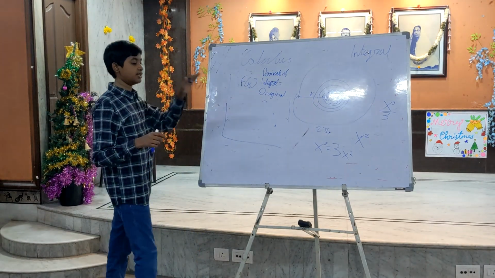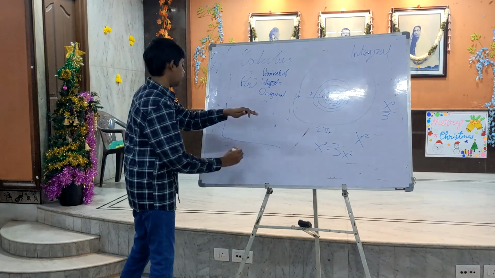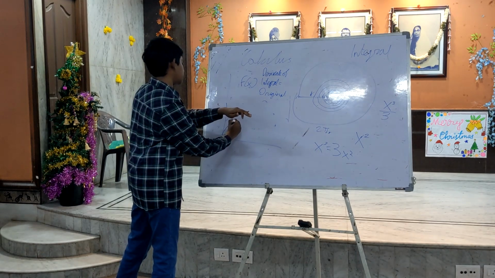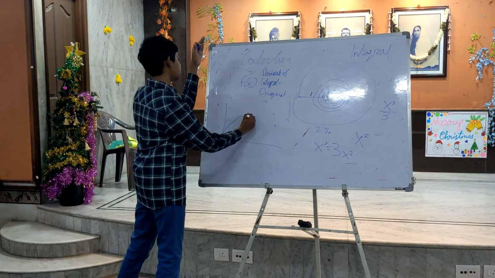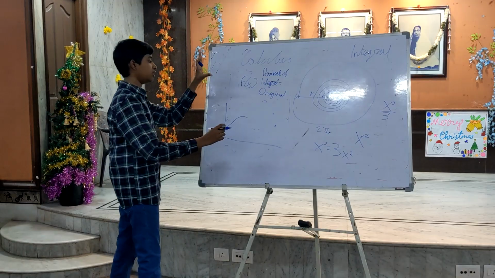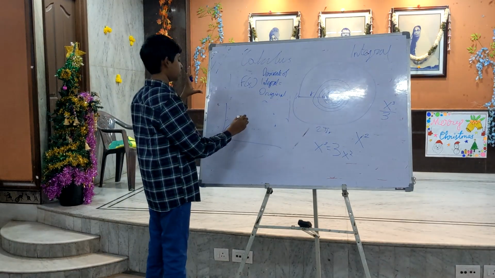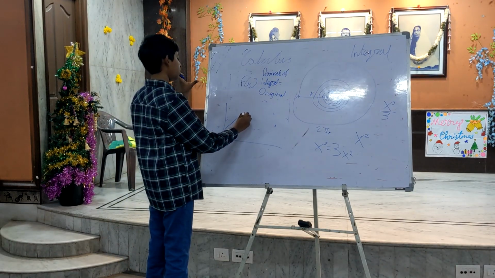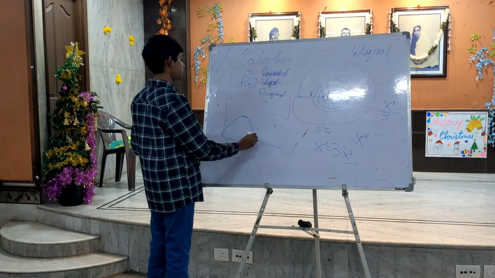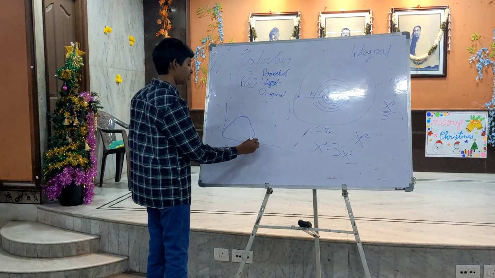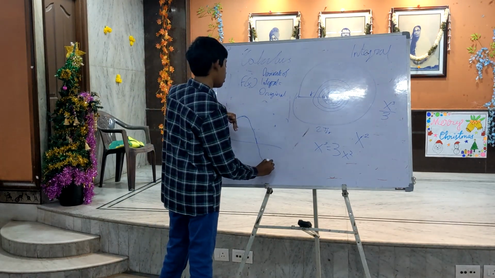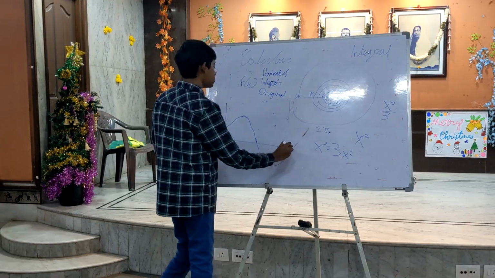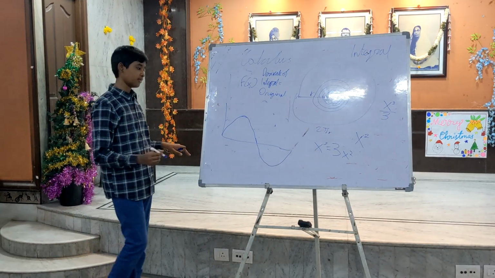Sine of 0 is 0 because it has no vertical. But as we keep increasing, the angle goes up and the sine of a 90 degree angle is equal to 1 because it's perfectly vertical. Then the height decreases and decreases, it becomes negative because angles are going down. And then it becomes positive. This is the function for sine of x.